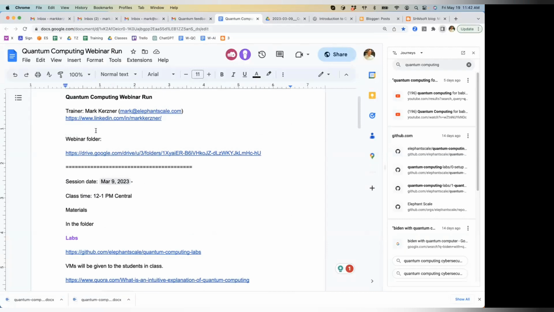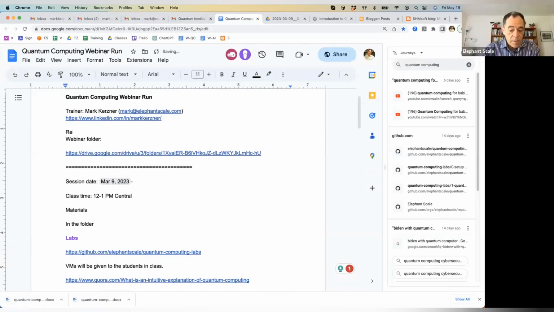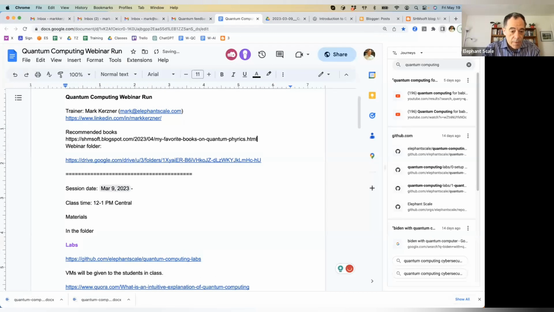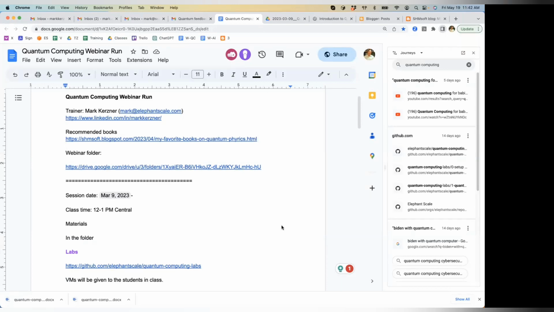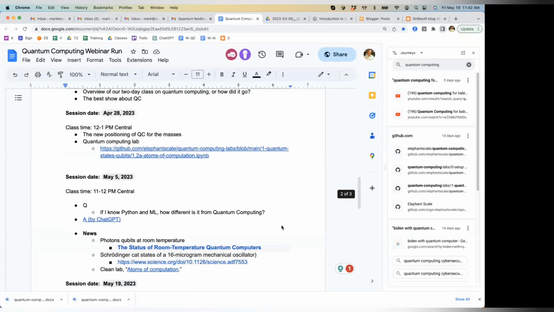Recommended books. And if you search on Amazon, that's not what you find. So that's a really good list that is invaluable in the sense of very real stuff. Okay. It will be here.